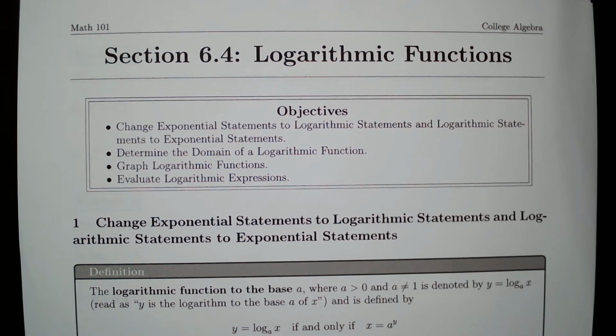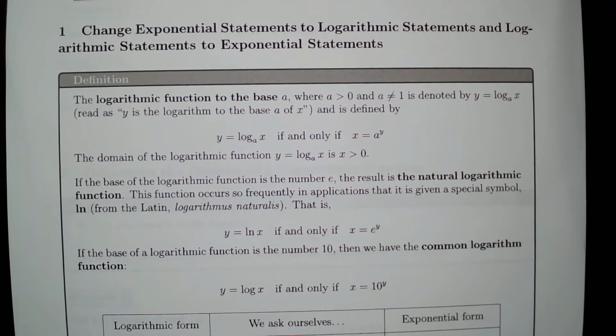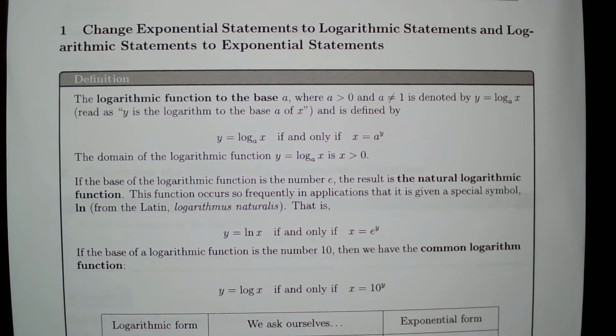Okay, so first of all, we are going to define logarithms, and in order to understand how do we change an exponential statement into a logarithmic statement, and backwards, a logarithmic statement into an exponential statement.